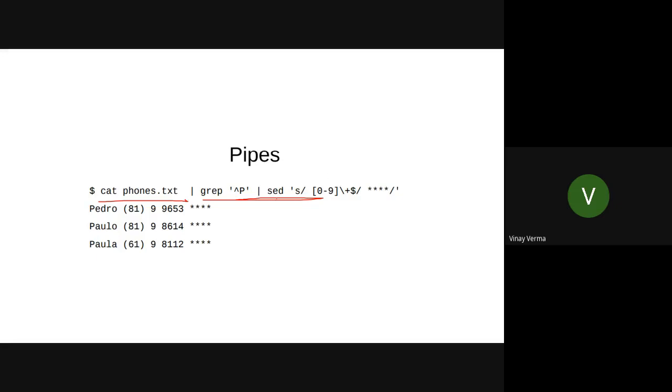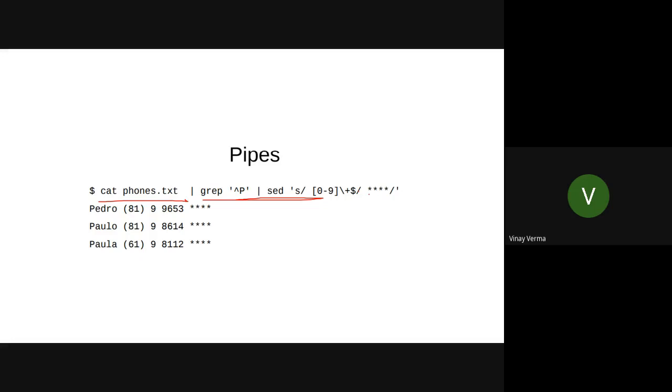And then what we did is, it's really interesting now. Sed is for replacing anything. So s slash 0 to 9, and then again slash, then plus, then dollar, and then finally we are using 4 stars.